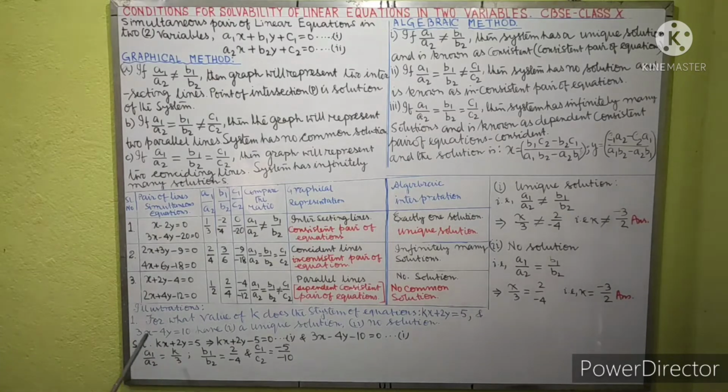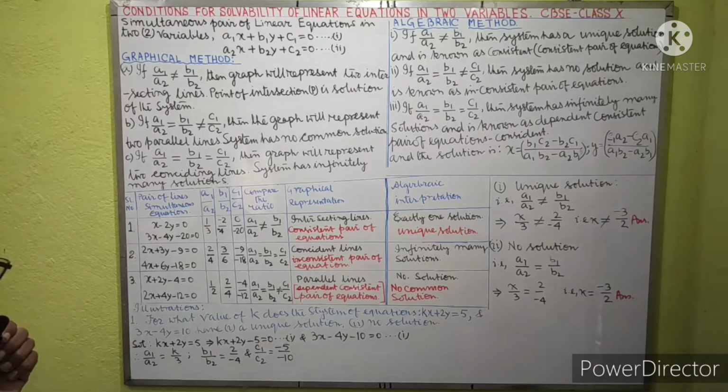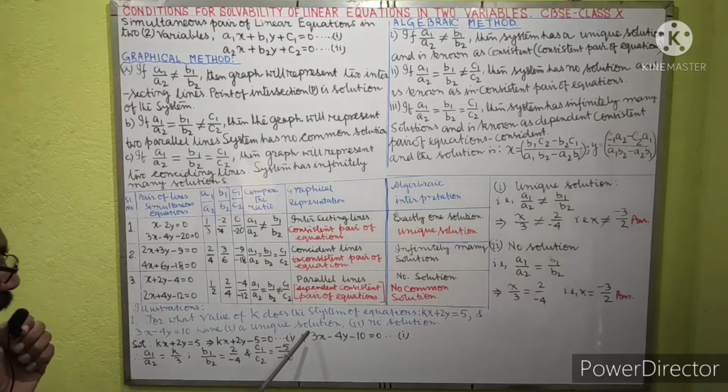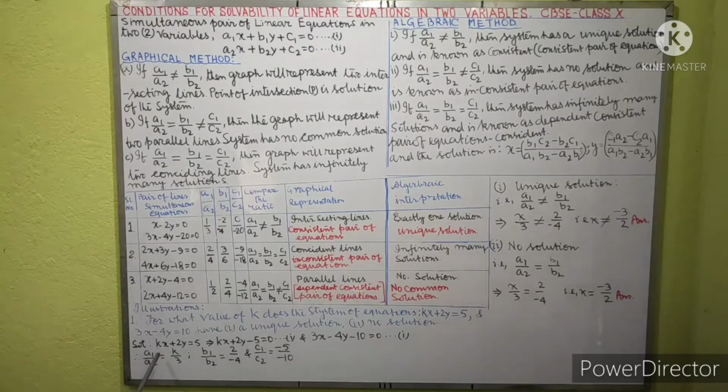One illustration is there. For what value of k does the system of equations kx plus 2y equal to 5 and 3x minus 4y equal to 10 have, question 1, a unique solution, question 2, no solution? Here the first equation is kx plus 2y equal to 5, that is kx plus 2y minus 5 equal to 0. This is equation number 1.